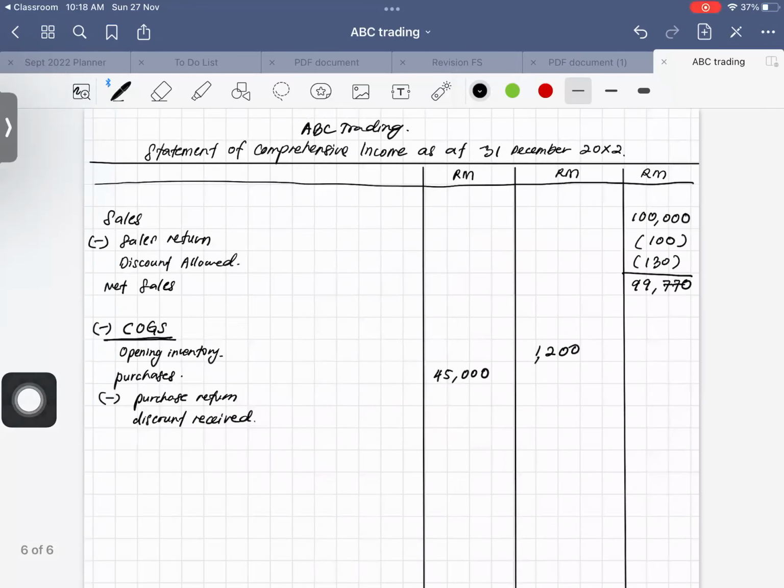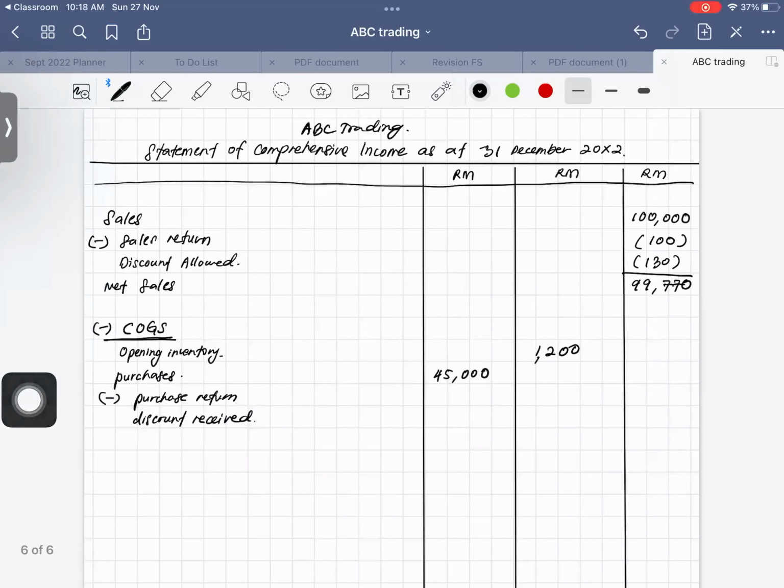Okay. Discount received. Ada. Yes, ada sini. Berapa? 180. Transferkan 180. Bawah sini. Okay. Tolakkan dia. 45,000 tolak 140 tolak 180. You akan dapat 44,680.